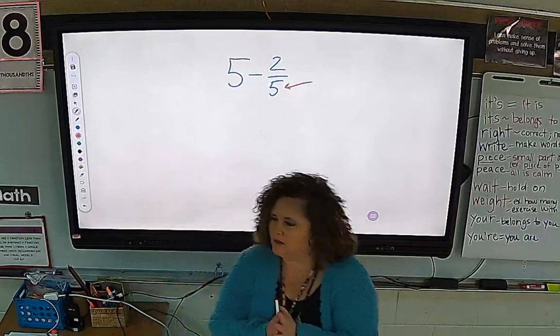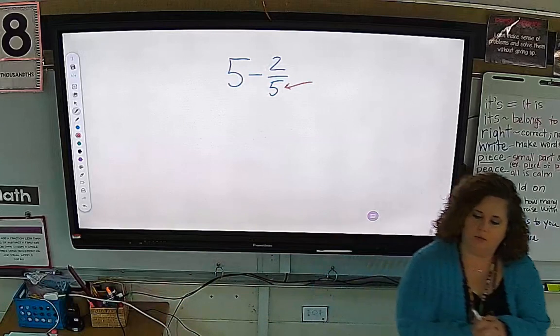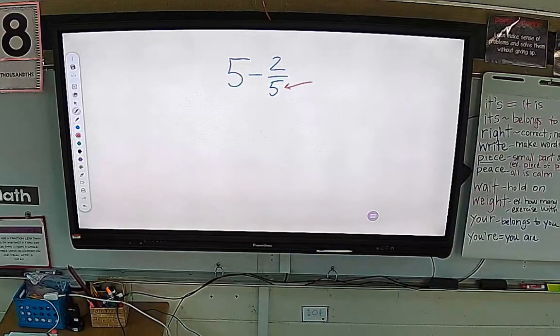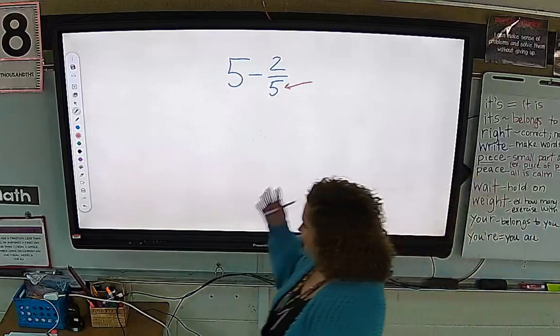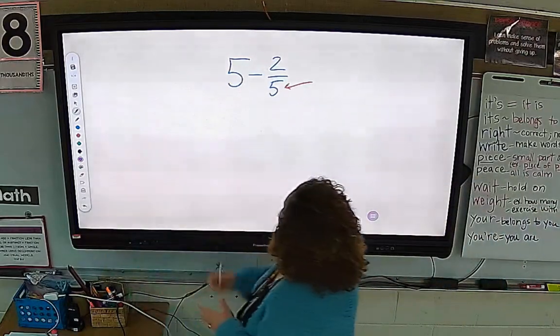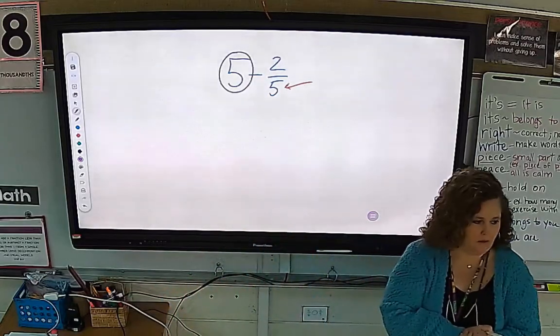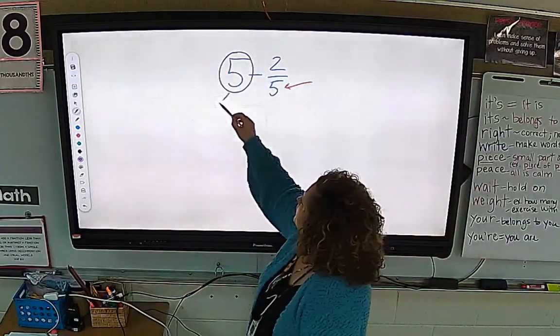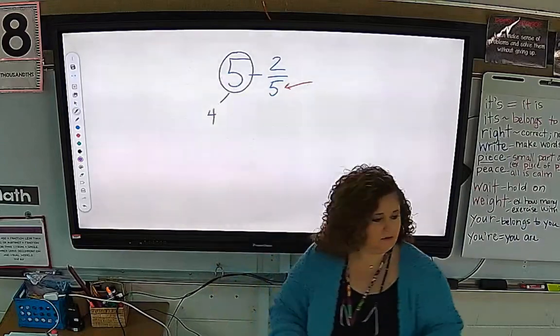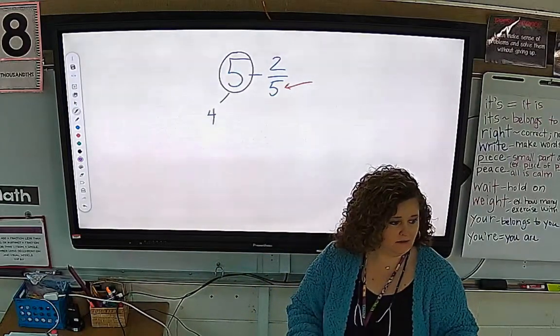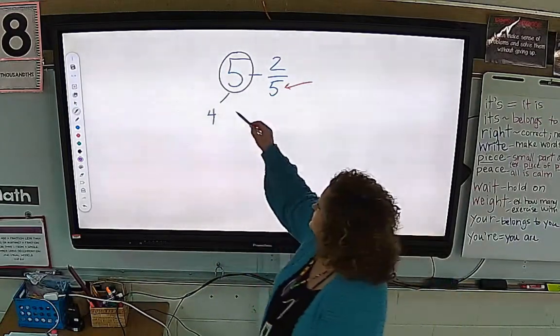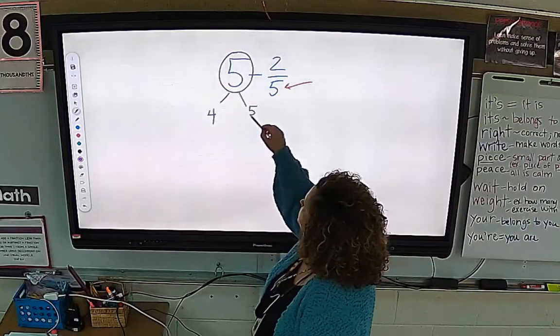Okay, so you guys have this problem on the board. A lot of you have worked it out. Alright, tell me how to work it out. Faith, what would I do first? Okay. This becomes 4 and 5/5, which is just another name for 5.